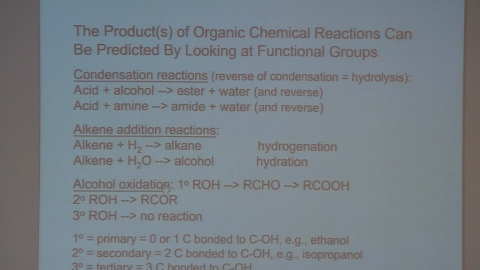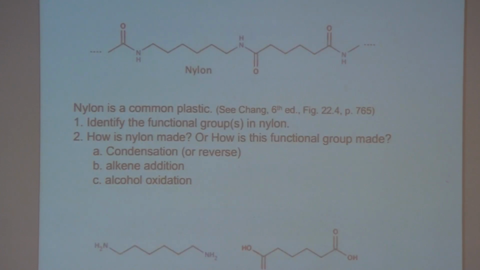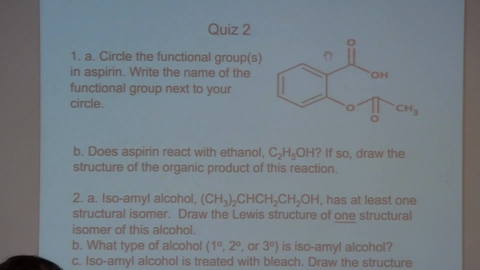So if we go back to those functional groups in aspirin, there is the acid, ester, and aromatic ring. And then what functional group is contained in ethanol? Okay, the alcohol. So let's see.